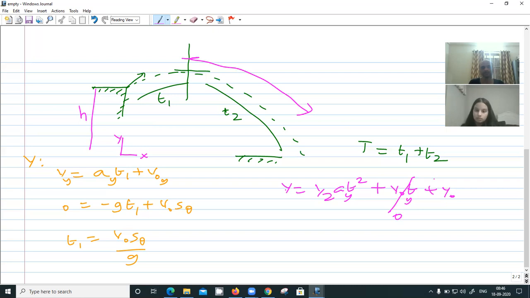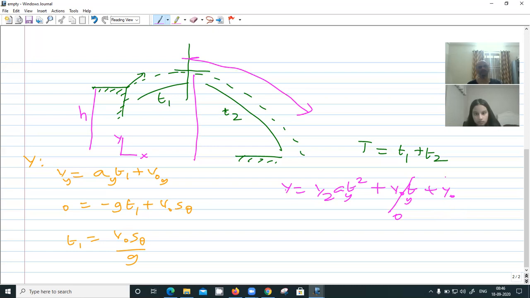And y naught is this height, it's not 0. It's whatever number it is, so it is just plus y naught. y naught is h.